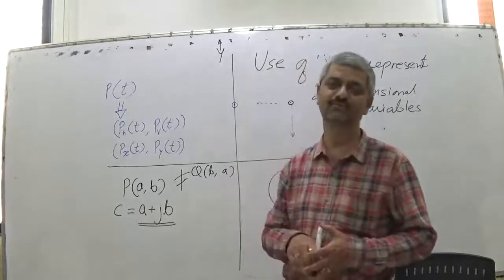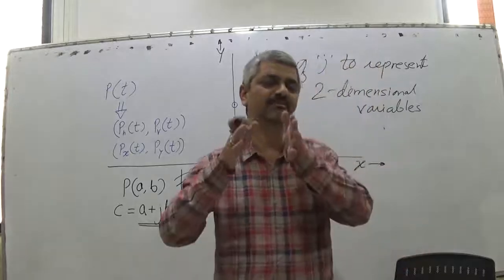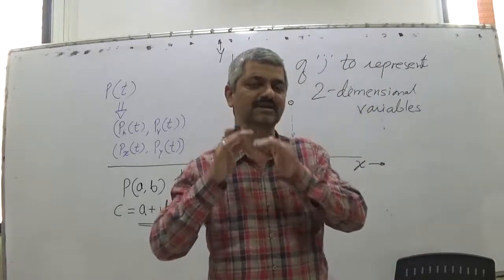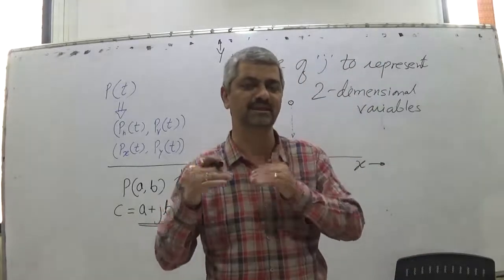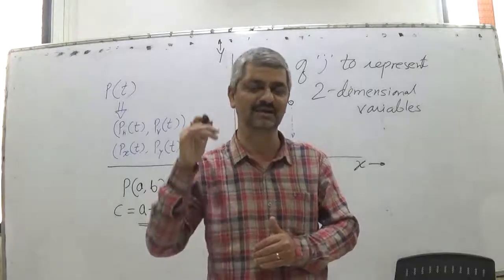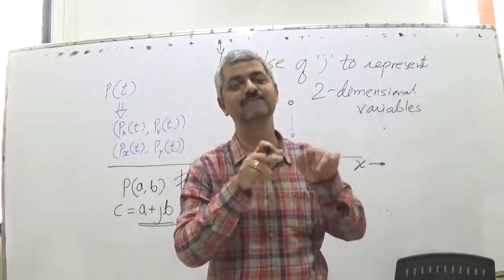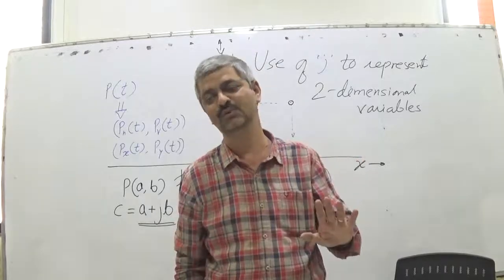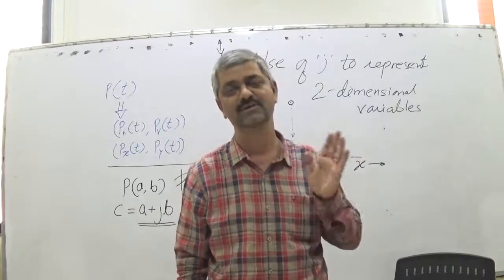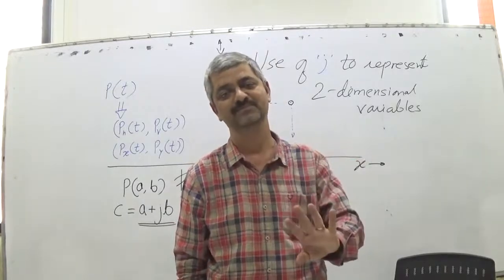Except this, we always keep a plus jb and p plus jq equal to a plus p plus j into bracket b plus q. So parts with j are not to be clubbed with parts without j.